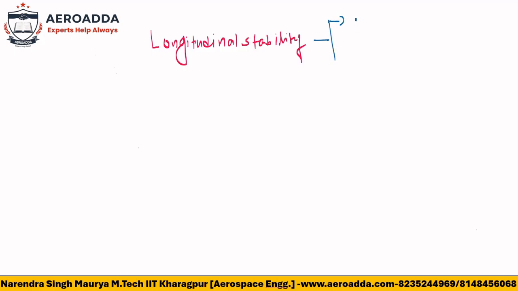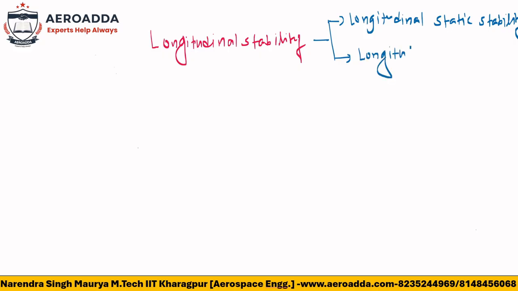One is called longitudinal static stability. Another is the dynamic part.